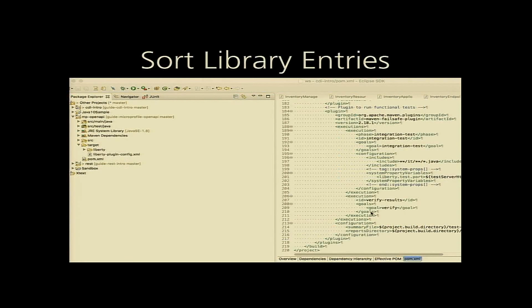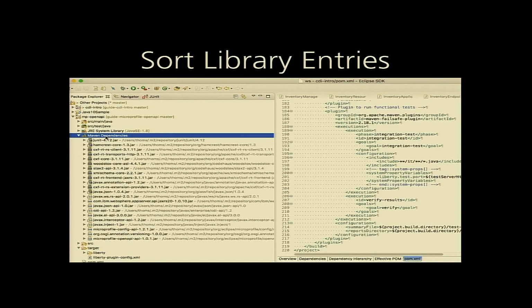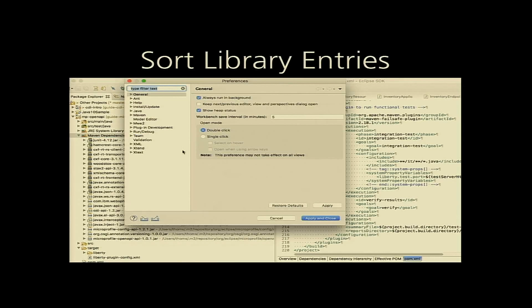Another nice feature is if you have projects with a large set of dependencies, and you face the typical problem of a class not found error, and you think, okay, which library is it? Which version do I need? Then you expand the dependencies and have to search through all of them to see which version of Java XRS is used.